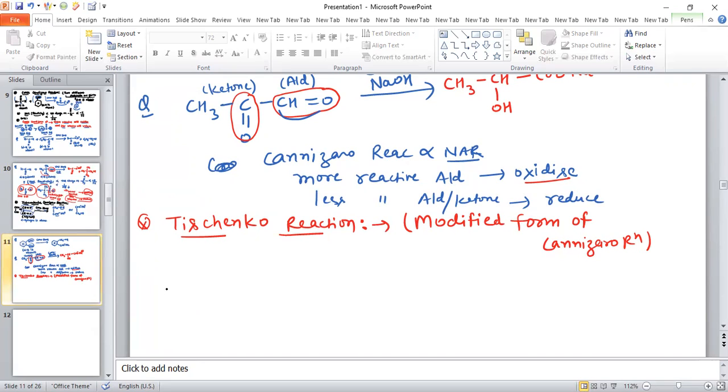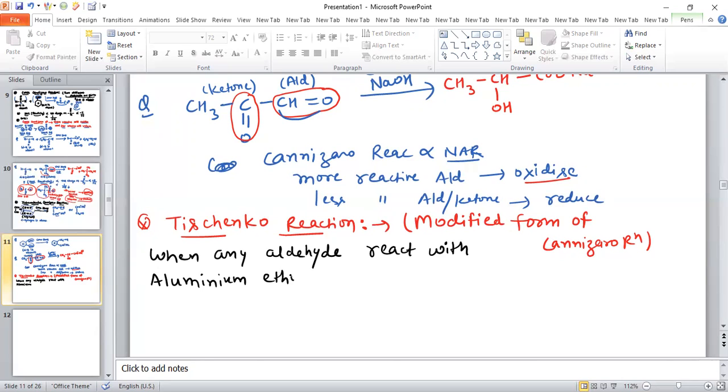So the question is basically, what happens in the Tischenko reaction when any aldehyde reacts with aluminium ethoxide?